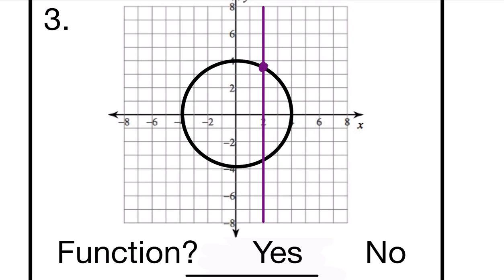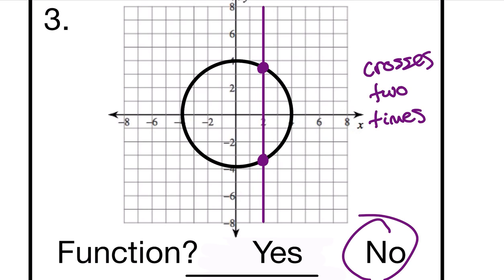You're going to count how many times your line will hit your graph. Here, it's going to go through 2 times. Crosses 2 times. To pass our vertical line test, it can only cross once. Since it does cross more than once, it is not a function.